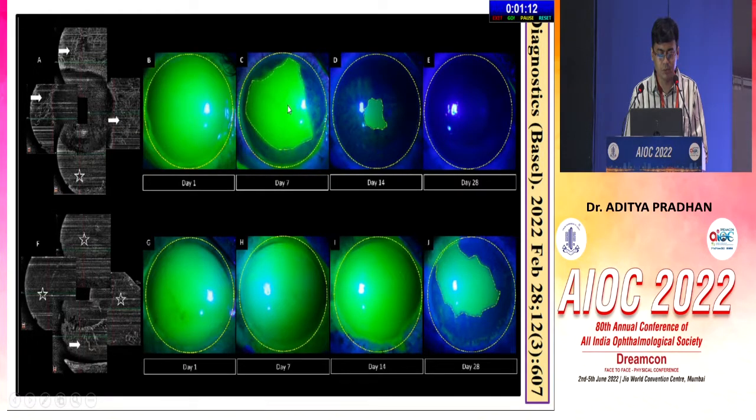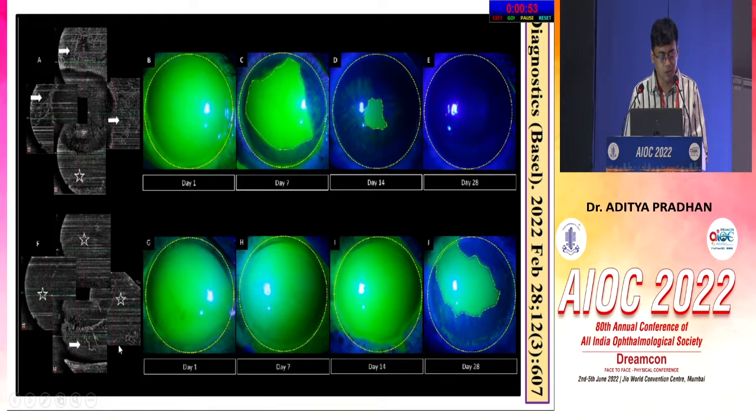As the days progressed to day 7, day 14 and day 28, by the 28th day everything has healed nicely. The limbal vasculature is also not much disturbed. The inferior panel shows some disturbance because of the conjunctival epithelial defect.